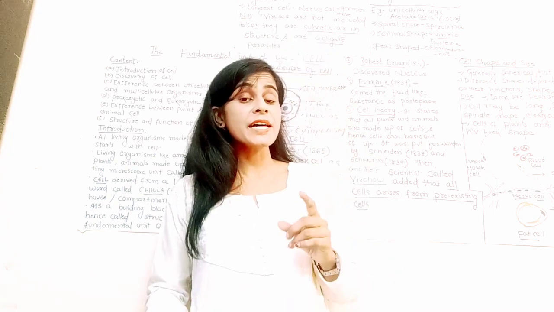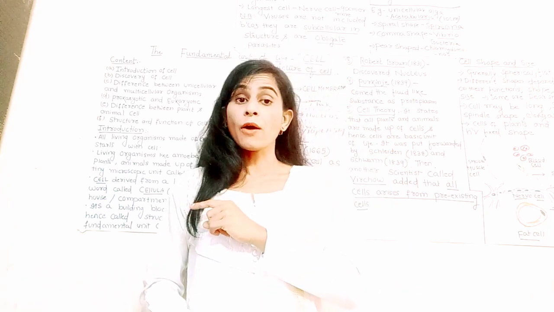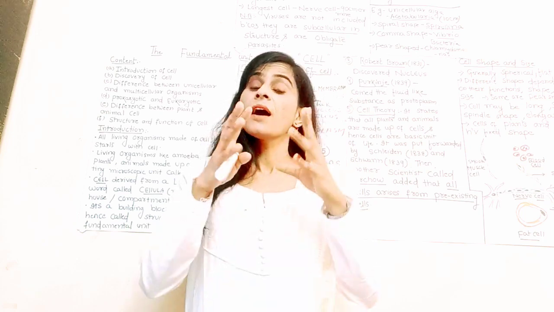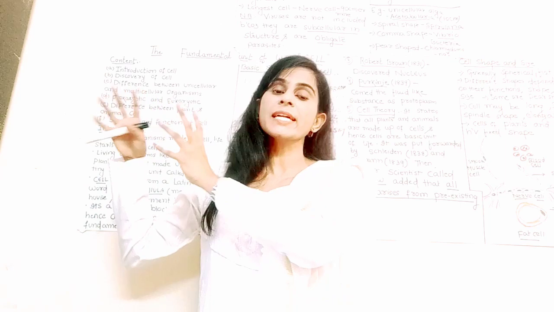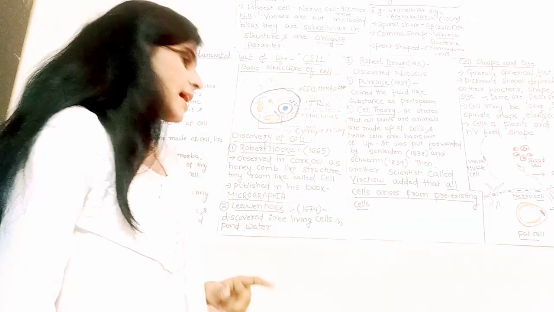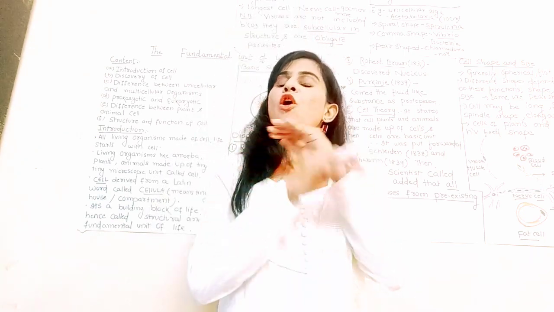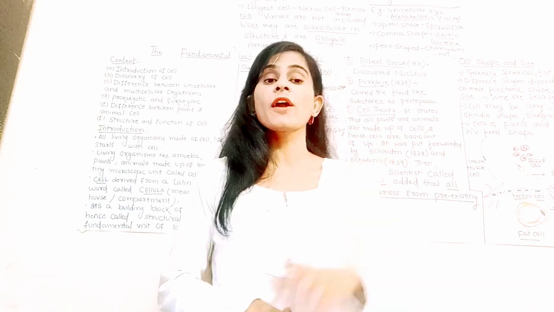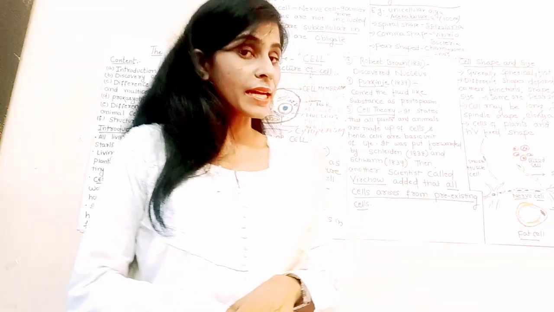Yes, that is what he saw when he observed the cork cell under the self-made microscope. He observed that the cells are in the form of a honeycomb-like structure, appearing as tiny small compartments. And hence he named it cell, guys. And the best thing he did is that he published all his findings in a very famous book called Micrographia.